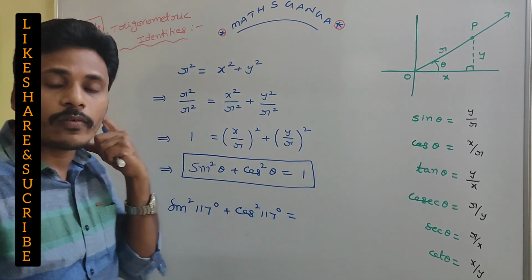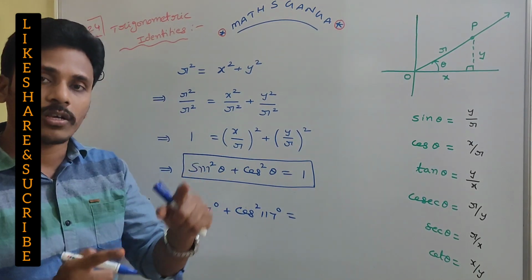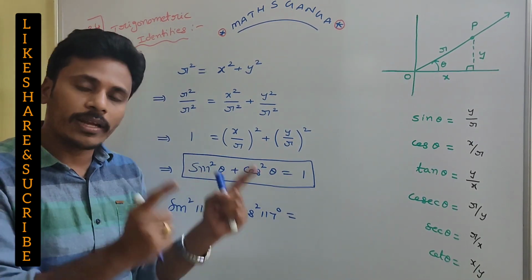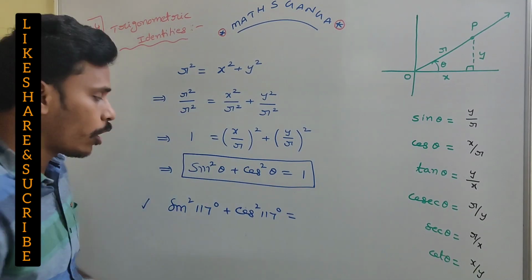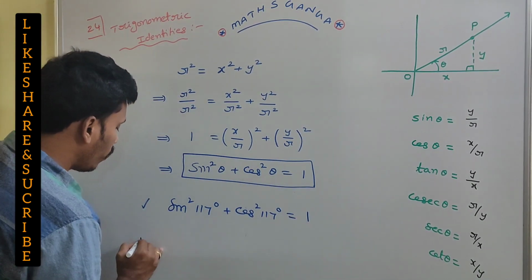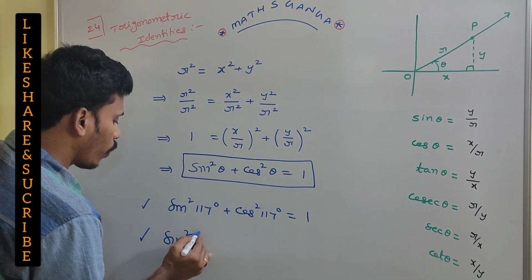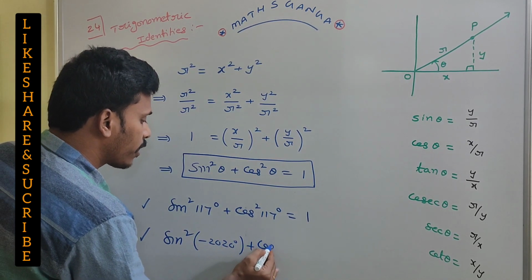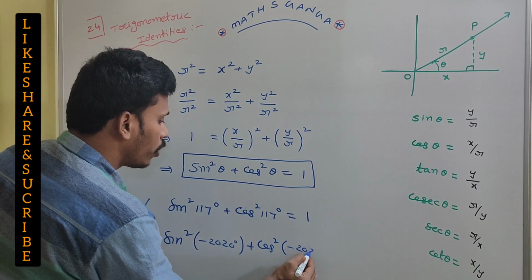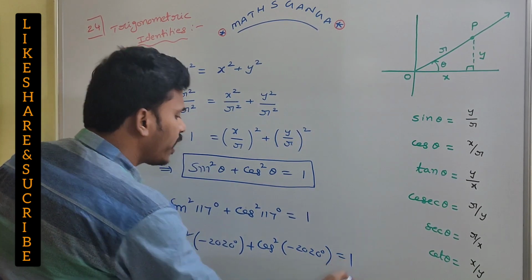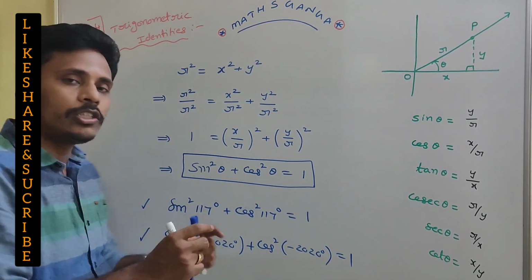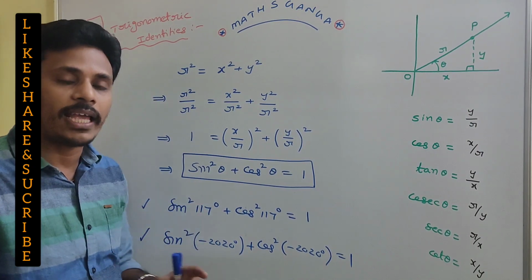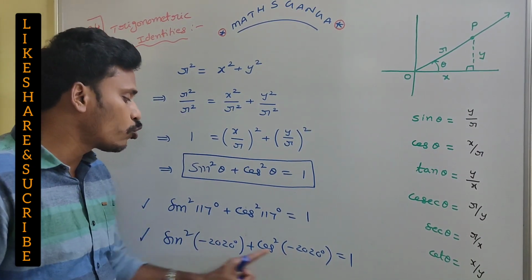We don't know the exact values for sin 17 as well as cos 17, but sin square 17 plus cos square 17 is always 1. The angle may be larger also. Suppose sin square of minus 2020 degrees plus cos square of minus 2020 degrees. Again it is 1. You just don't pay attention to the angle. The angle should be the same in these two terms.